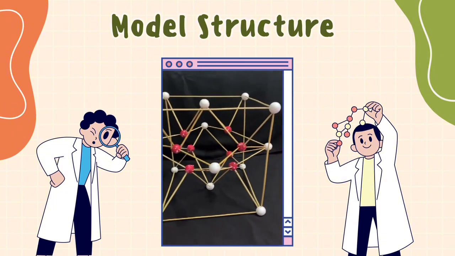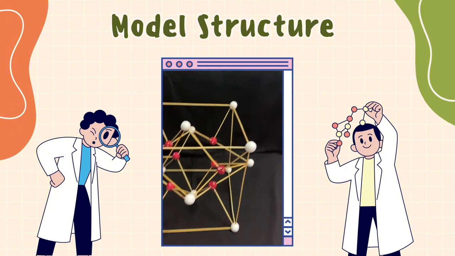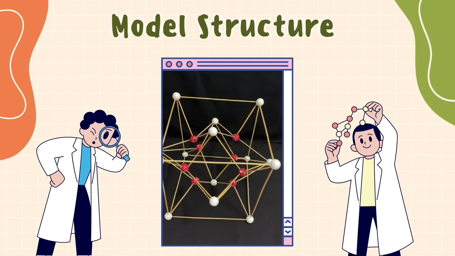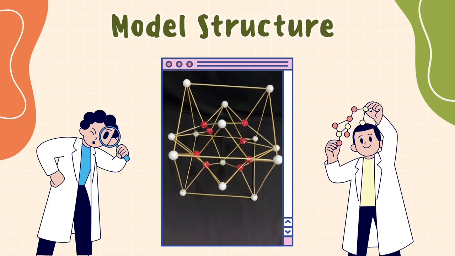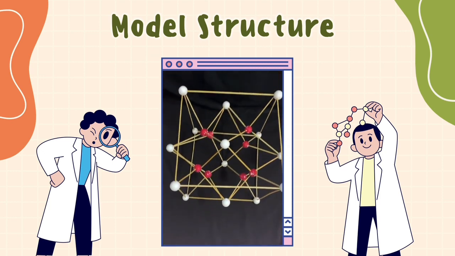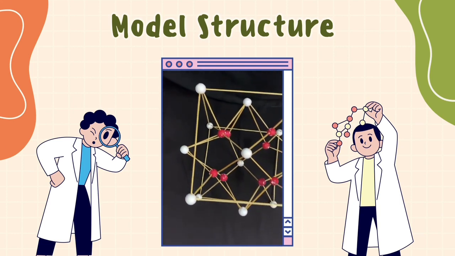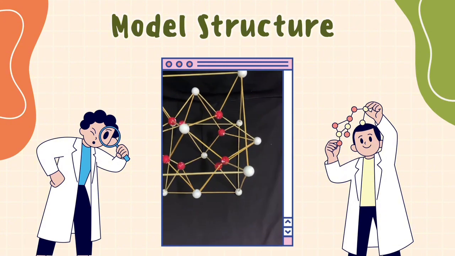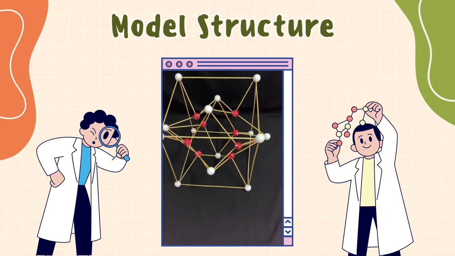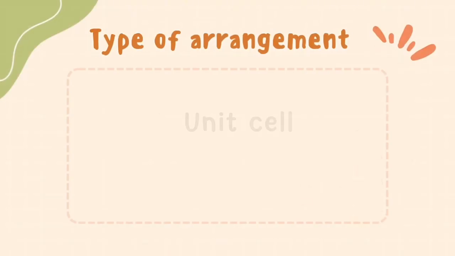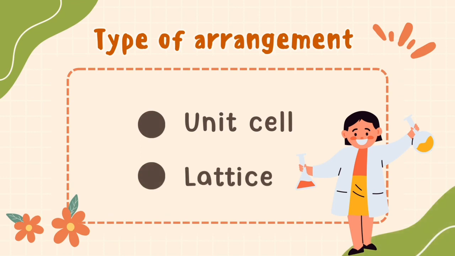Now, let's take a look at the structural model of fluorite that we have built. There are two types of arrangement, which are unit cell and lattice.